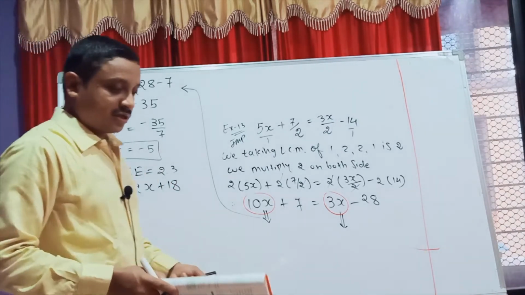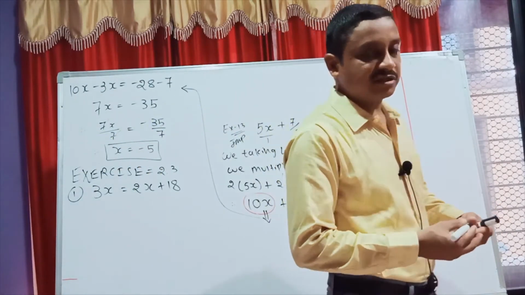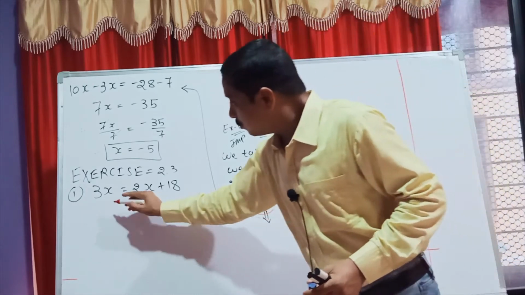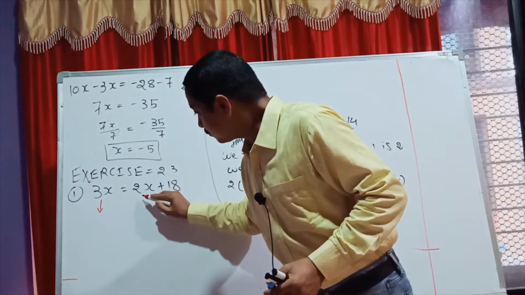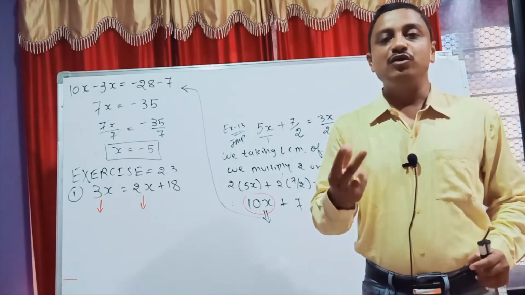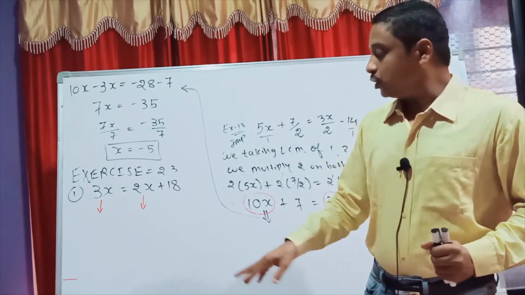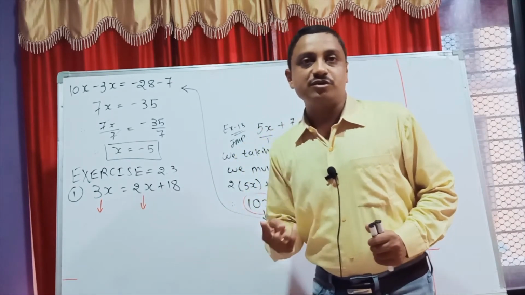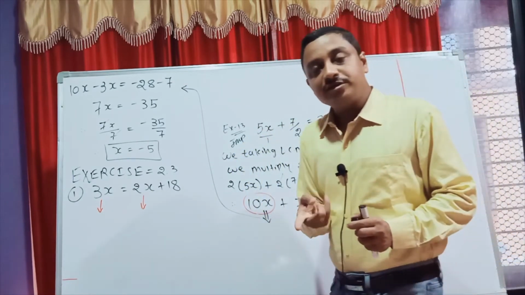Here also, students, first of all you judge where our two variables are, one of this variable and one of this variable. Variable means the related values for x, y, z, not a constant. So this 3x and this 2x, just try students both of the joining.